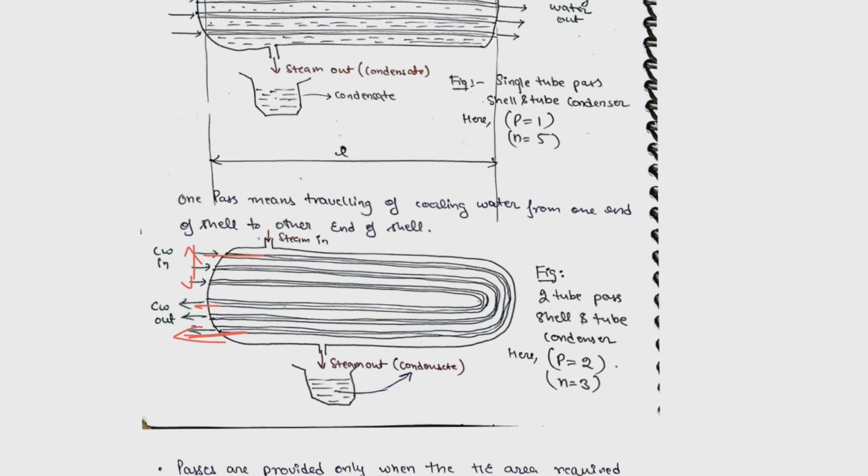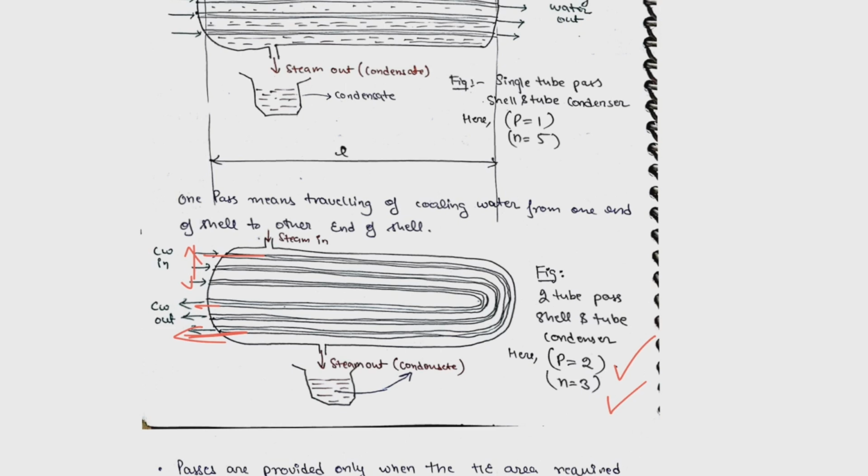Since the number of inlets is 3 or the number of outlets is 3, therefore the number of tubes is 3. Number of passes is nothing but how many times the length of a single tube is greater than the length of the heat exchanger, therefore the number of passes is 2 and the number of tubes is 3.